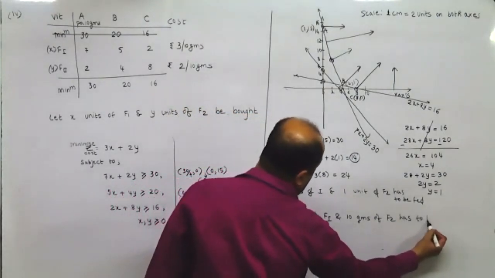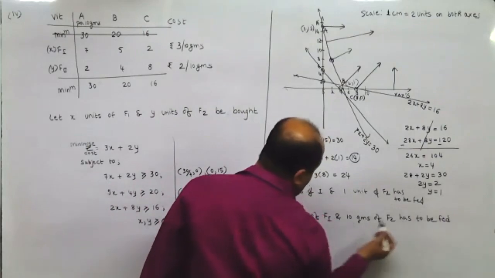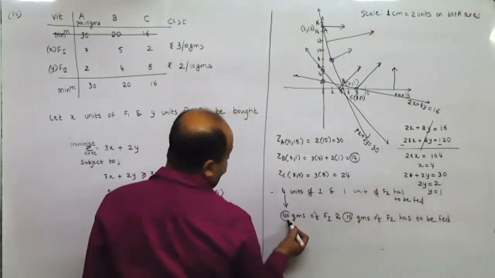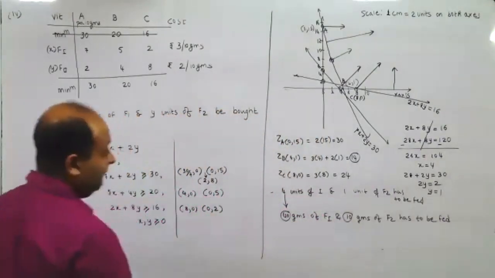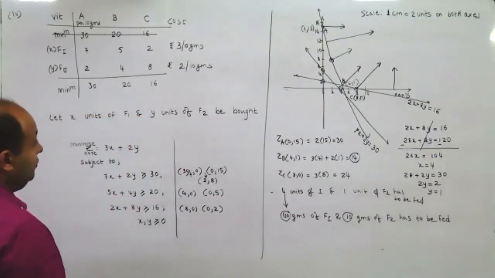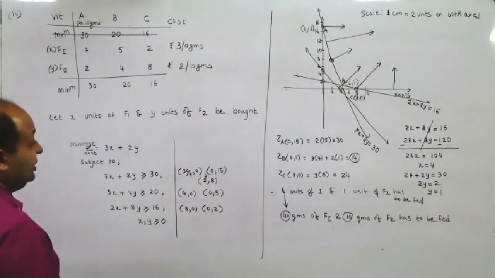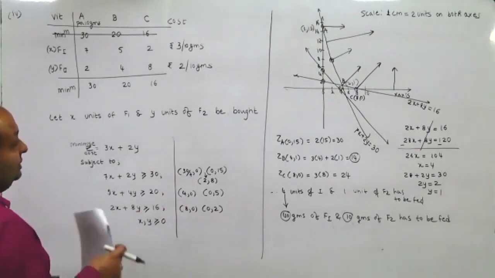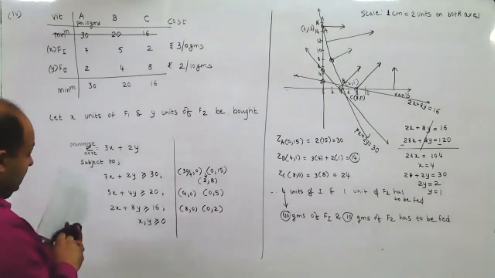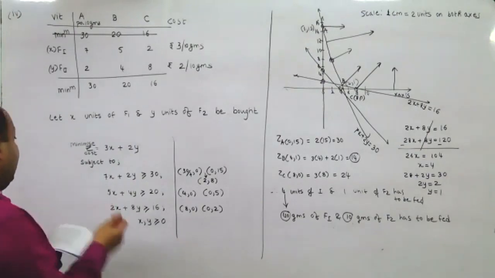Smriti, behind it's given x is equal to 4, y is equal to 1, and z is equal to 14. Yeah, but they have asked you how many grams of F1 and F2 have to be fed. Just underline that. So that should have been 40 and 10. Followed? Yes, sir. How many grams?